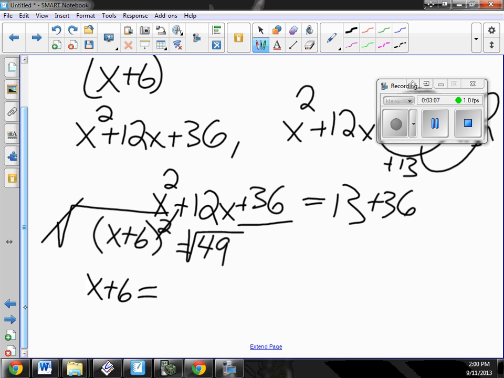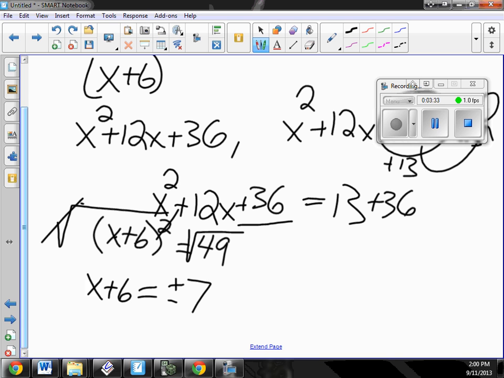Well, are there two numbers that you can square and get 49? 7's one of them, or negative 7 is the other one. So the rule is whenever you square root a variable to the second power, you always get plus or minus. So now I have x plus 6 equals plus or minus 7.